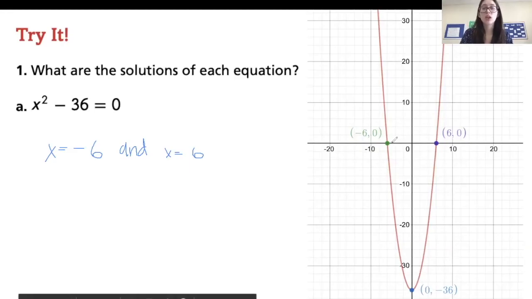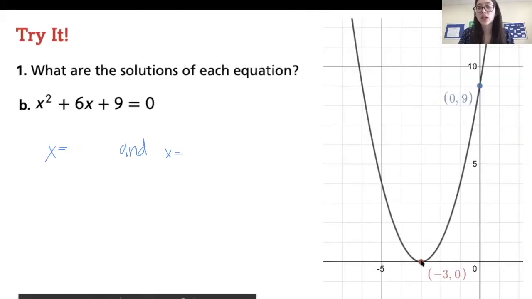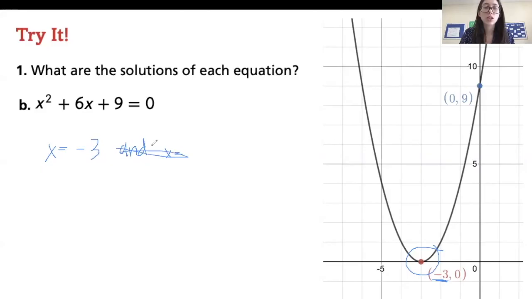We're only looking for the x-intercept, where it crosses this horizontal x-axis. In this case, it only touches our x-axis at one point, down here. Looking at this point, we figure out what the x value is. The x value is -3, so in this case we only have one answer, which is x equals -3.